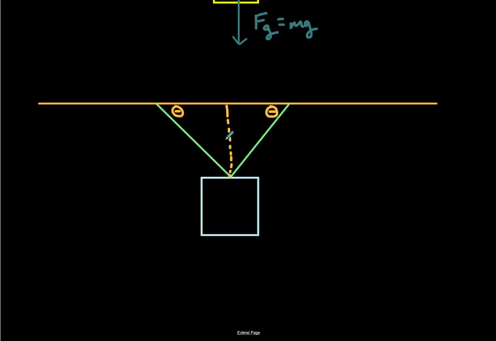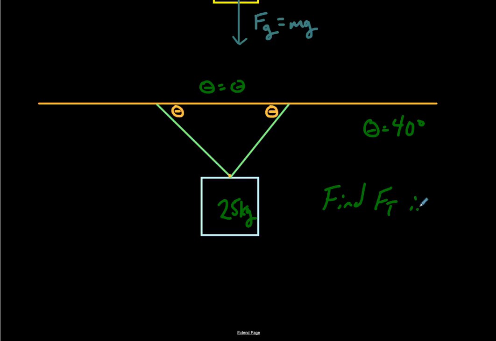We'll say then that theta in this case is equal to, we'll call it 40 degrees, and we'll say that this is a 25 kg mass. And we'll say that these two thetas are equal to each other. Find Ft in each cable.